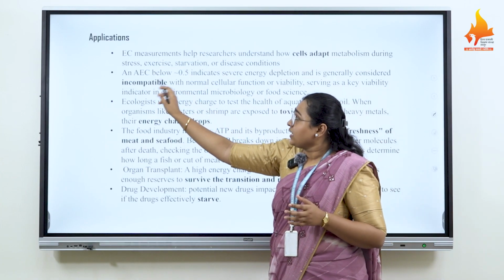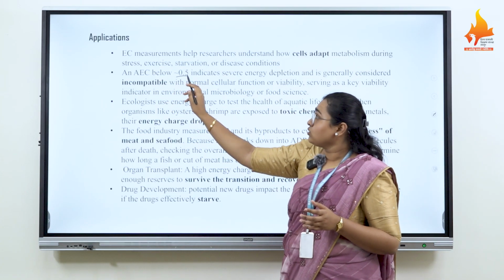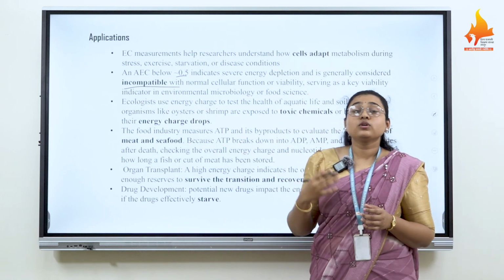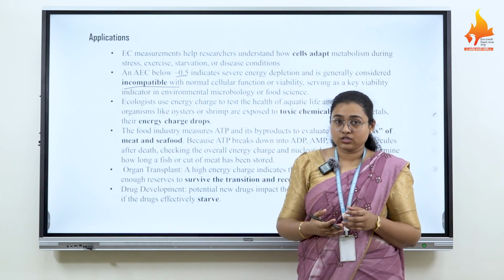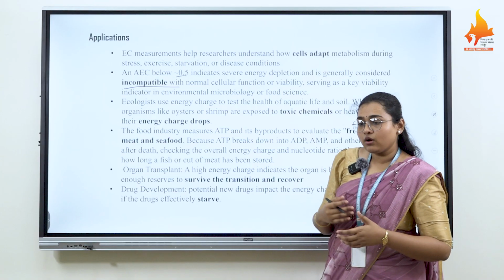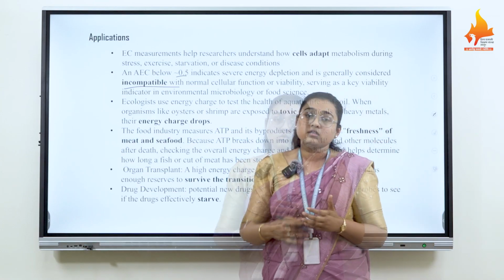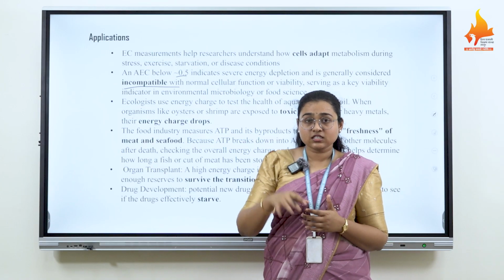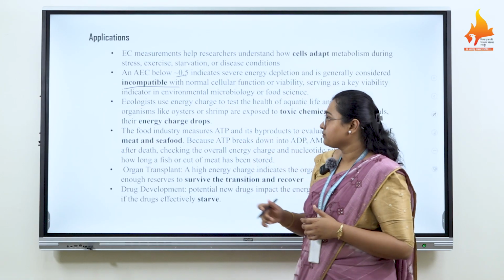So if the AEC value is below 0.5, then the cell is incompatible with conducting normal cellular functions. It is always better to have a higher EC value to conduct the different types of cellular functions, and only then can the cell survive in the given conditions.